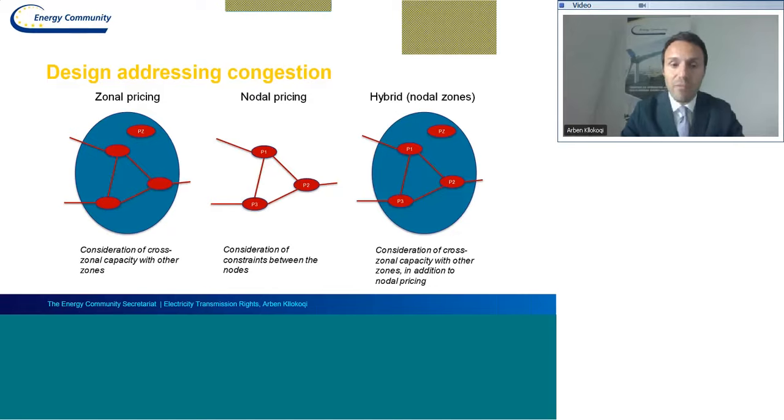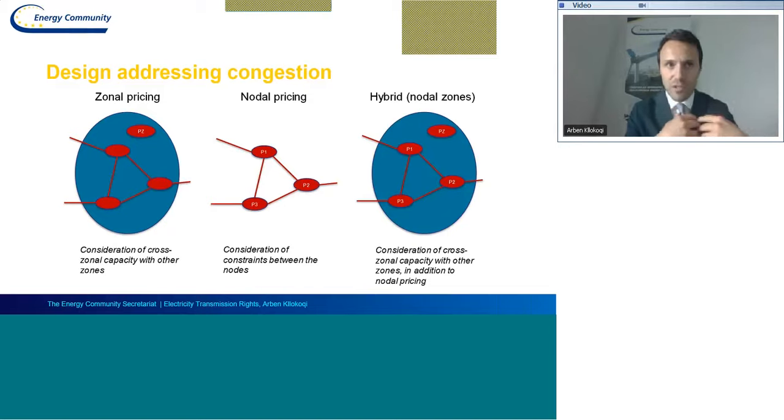What it means in the zonal market is that the TSO makes sure that electricity that is traded within the zone is delivered, and there is sufficient capacity to accommodate these flows.